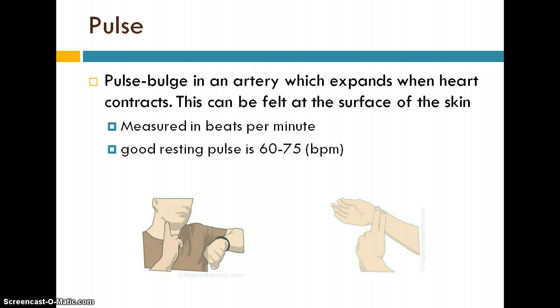For example, there's one in your armpit. There's one called the popliteal artery behind your knee, etc. Those are usually the most easily accessible ones. And you want to get about 60 to 75 beats per minute, or 60 to 75 times blood pulses against the artery walls.